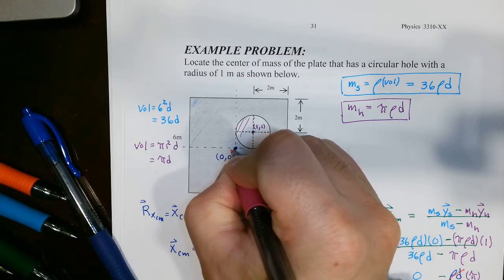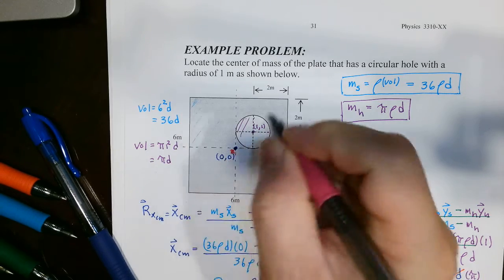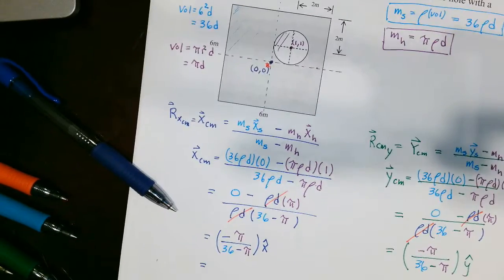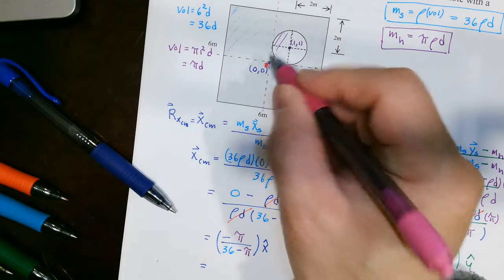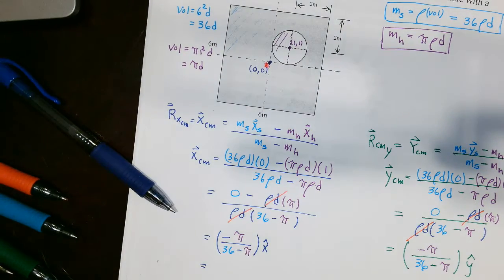So it's around here somewhere, really, really close to the origin. So negative 1/11th, comma, negative 1/11th. So it's not even 1/10. So it's very close to the center of mass of the plate. Okay?